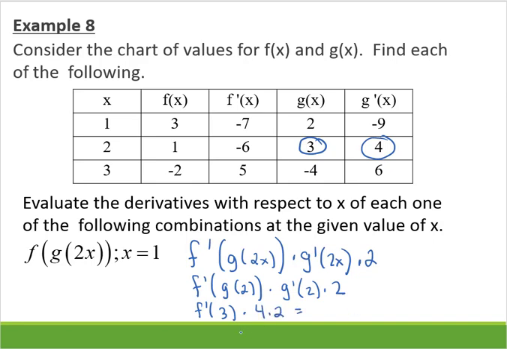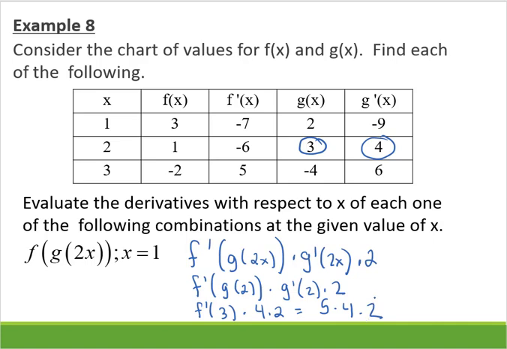I'm going to continue here because I think it would be hard to see if you write on the screen. f prime of 3 is 5, so I have 5 times 4 times 2.